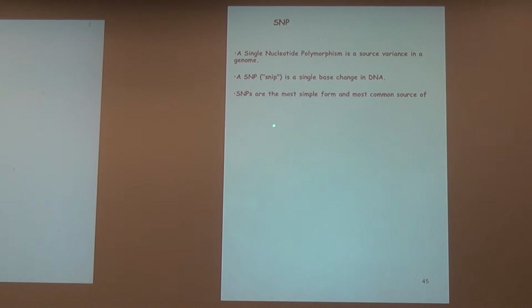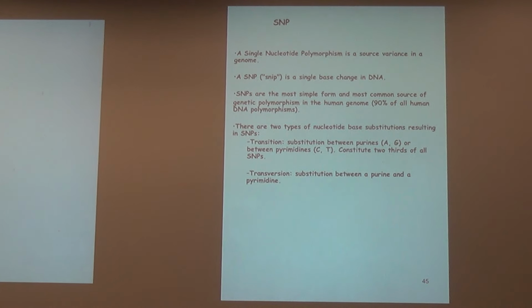And these are the most common and simplest form of variation that you see between individuals. So 90% of all human polymorphisms are basically SNPs. Most of their changes occur at the level of single nucleotide changes at one particular location.